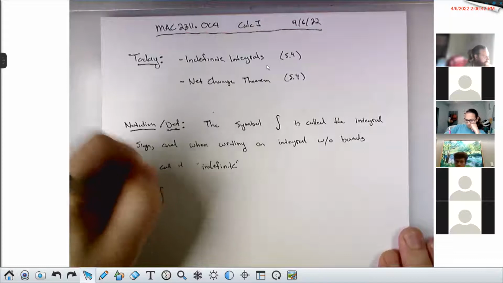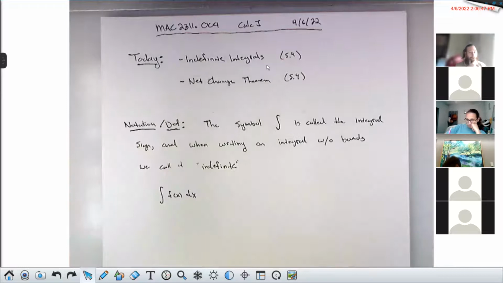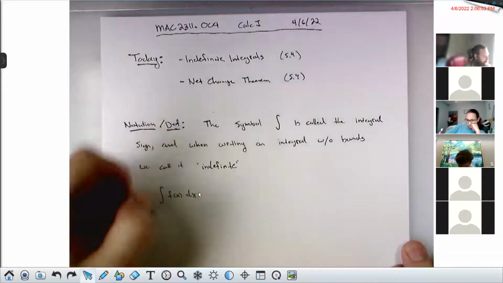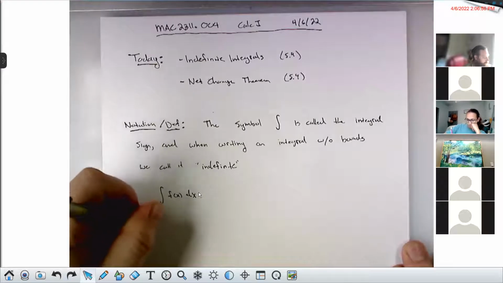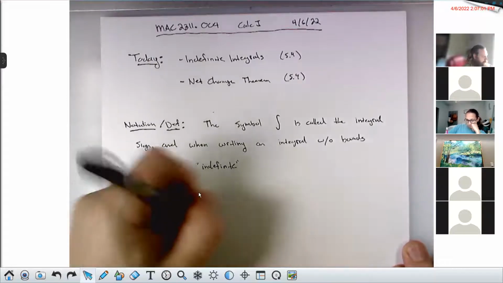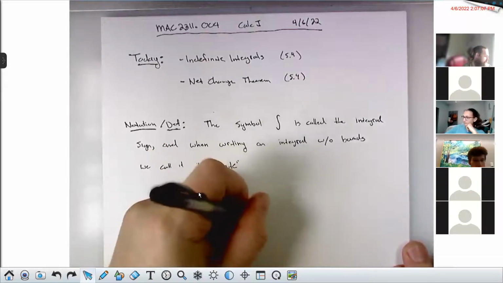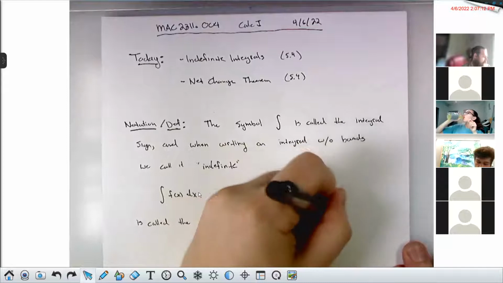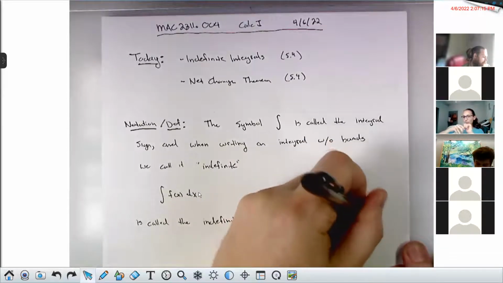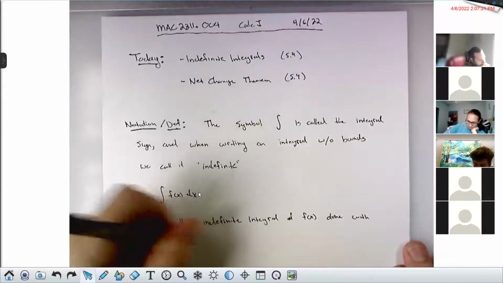So this thing, the integral of, say, f of x dx, with no numbers written below or above the integral sign, is called the indefinite integral of the function f of x done with respect to x.